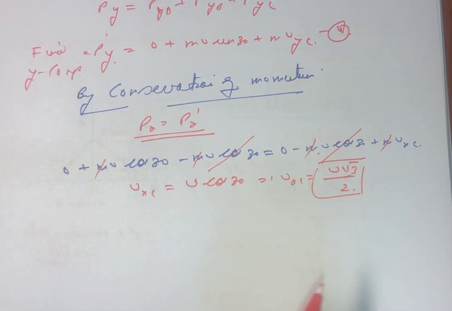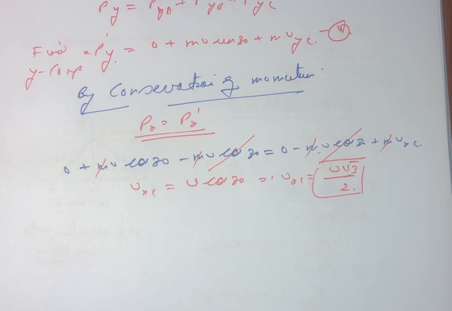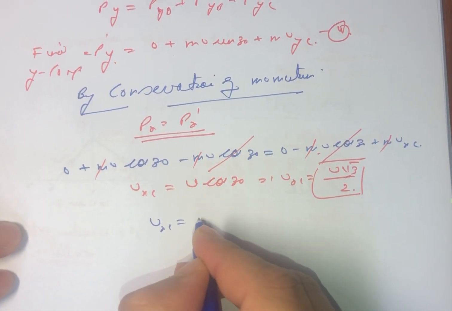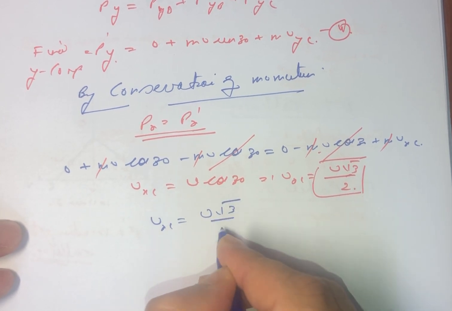So this is the x component of velocity of c.